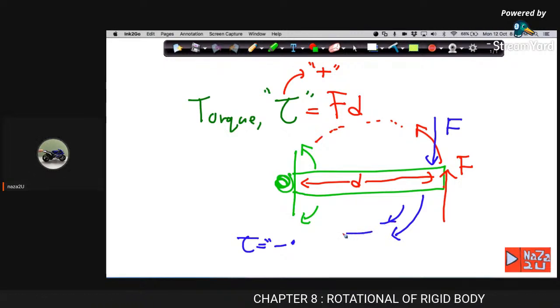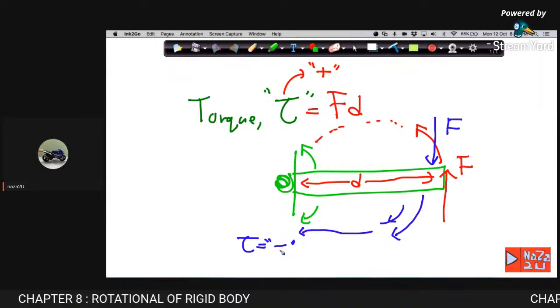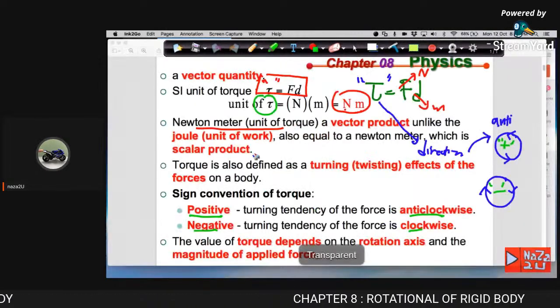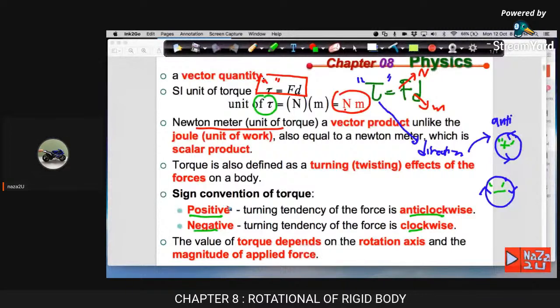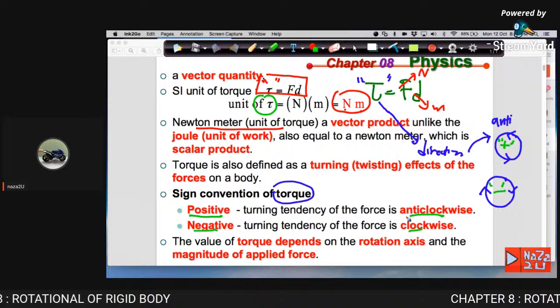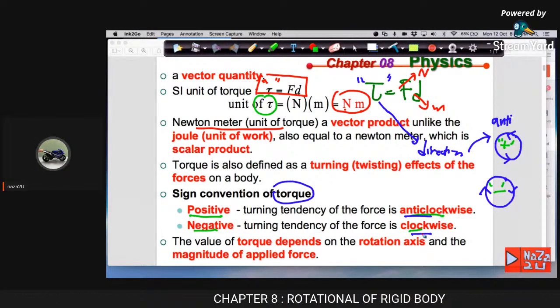For clockwise, we have a negative torque. This is a declaration. Look at the lecture note: sign convention for the torque refers to anti-clockwise and clockwise.